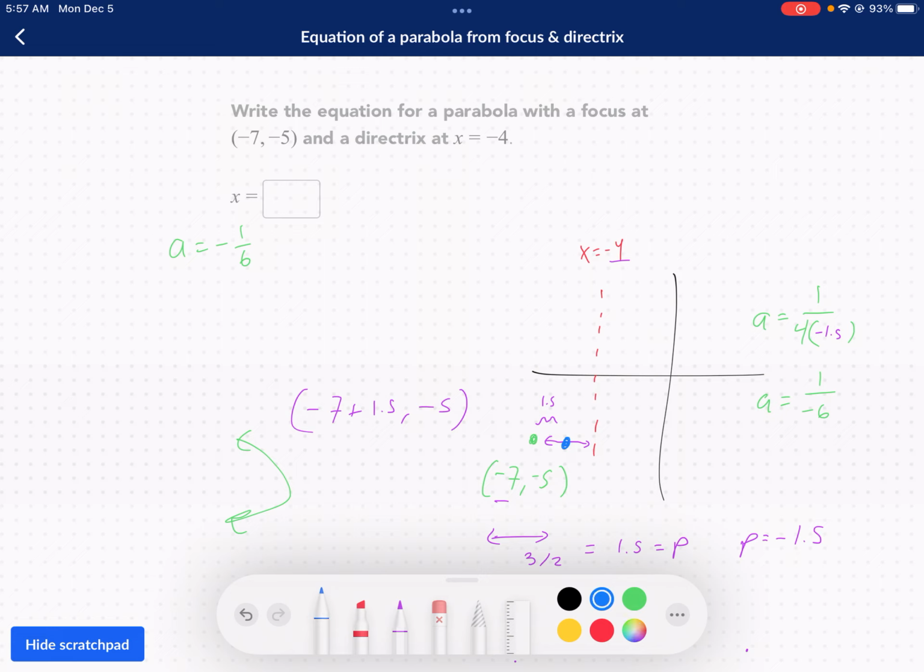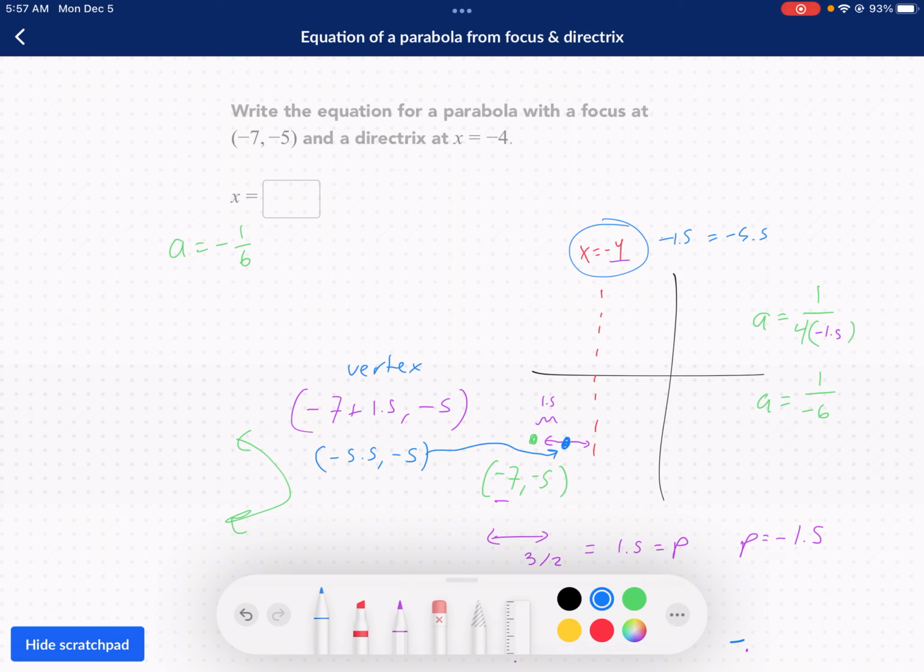That gives me negative 5.5, comma, negative 5 as the location for my vertex. Okay, so that's that point there. You can double check that by subtracting 1.5 from negative 4, and you get the same thing, my x value as negative 5.5.